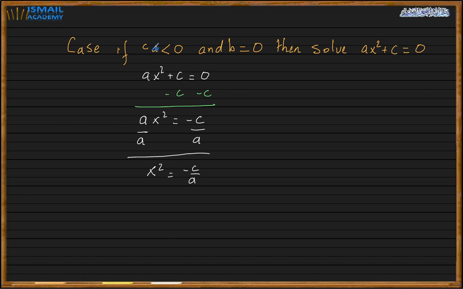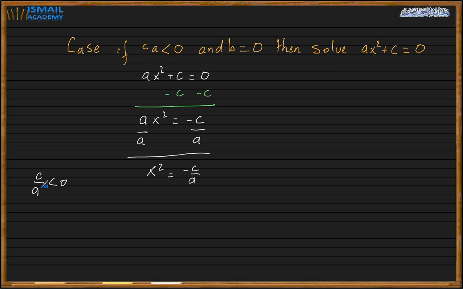Keep in mind that c times a is negative, which means c over a is negative, because they are of different signs. C times a less than 0 means one positive, one negative. Either c is positive or negative, but if c takes one sign, a takes the opposite sign. So that's the idea.